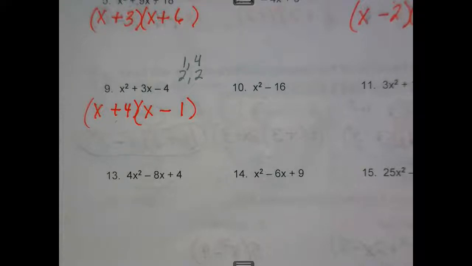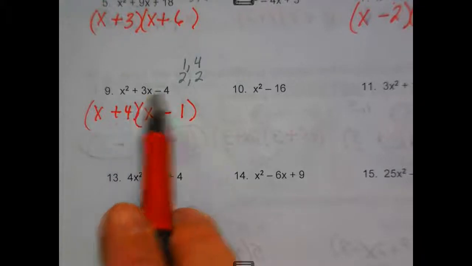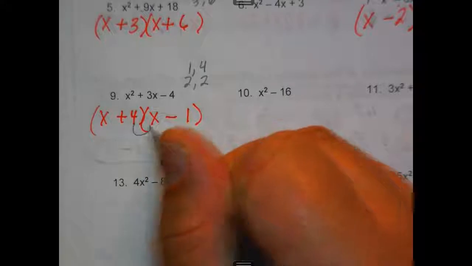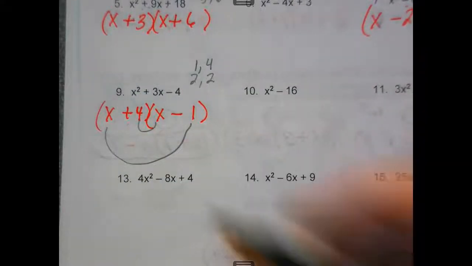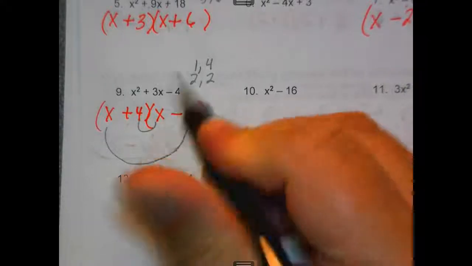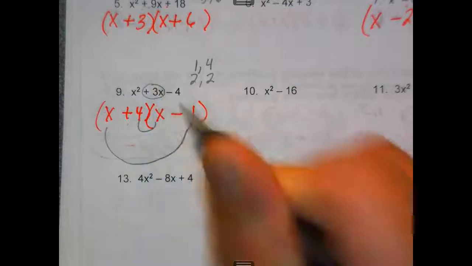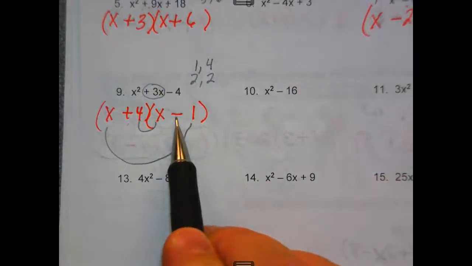Well, it doesn't have to necessarily go first, because I remember what I'm doing here. I'm multiplying these and multiplying these. Remember, outside, inside. And then I'm adding them together. The reason why I put the 4 with the positive is because I got a positive 3x here. So I want the bigger number I'm subtracting because that's the negative.